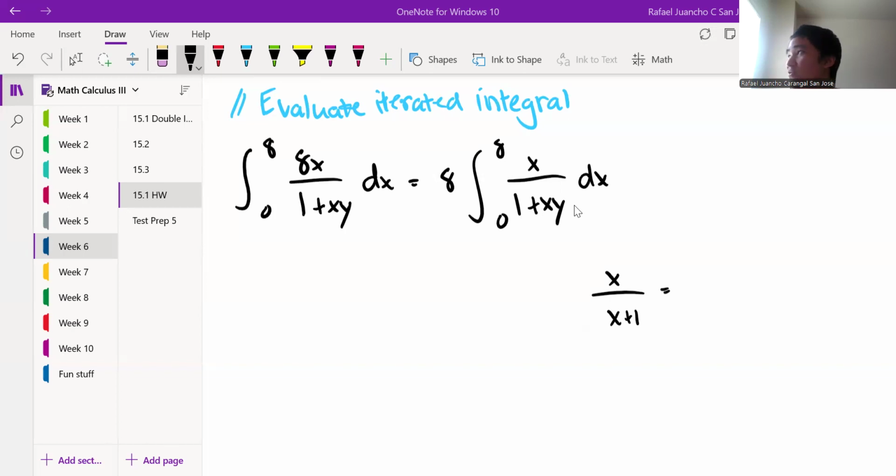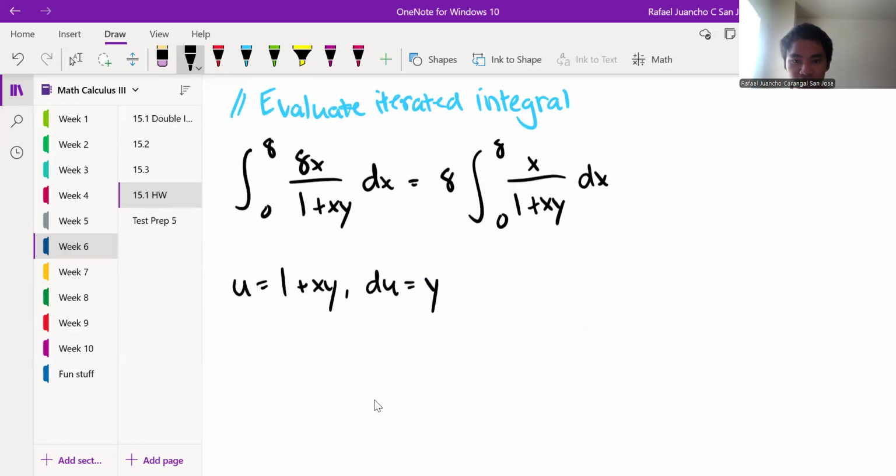I do a u sub of the whole thing. Let's try that actually. Let me do a u sub of the whole thing with respect to x. Let's see how that would work. So if we do a u sub of this thing, my derivative would be what? Y. Then this would have been 1 over y du.